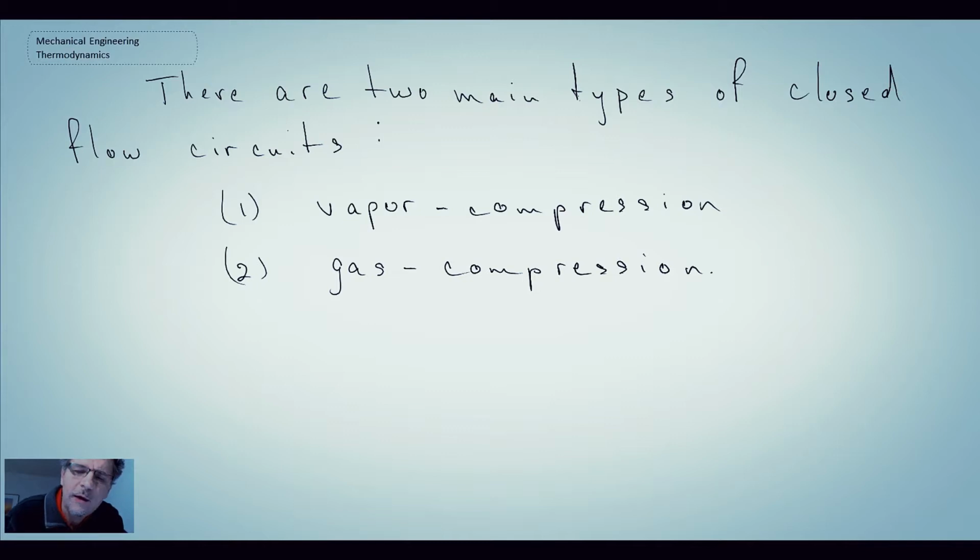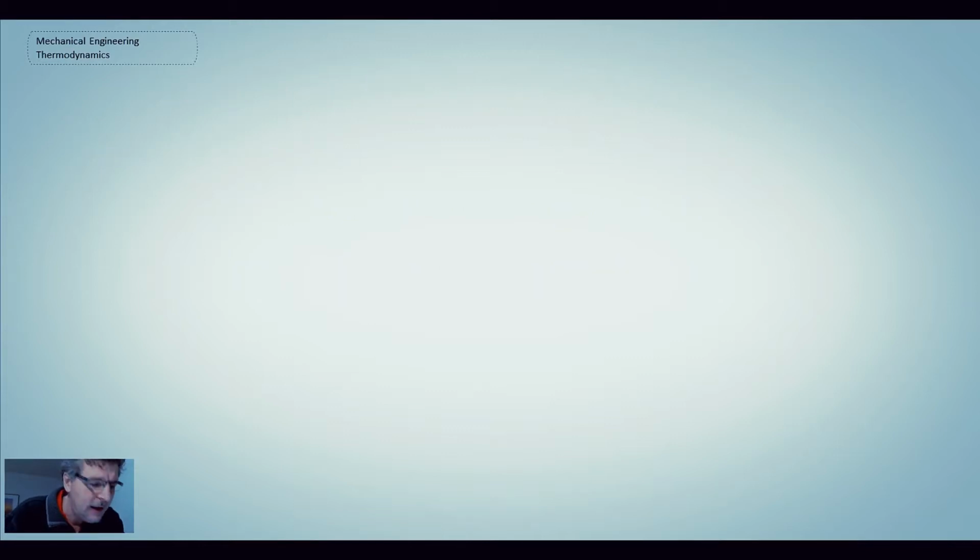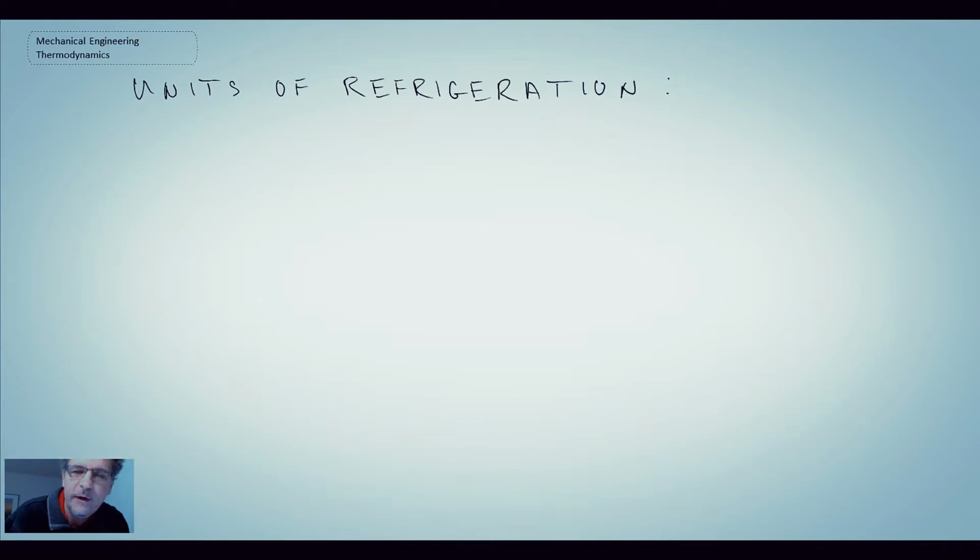Now, when we're talking refrigeration, you'll hear about the units of refrigeration. Quite often we'll be looking at mass flow rates and heat transfer in kilojoules per second or kilowatts. But there is also a commonly used unit of refrigeration, and it is referred to as being a ton.